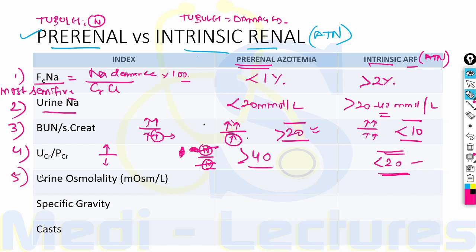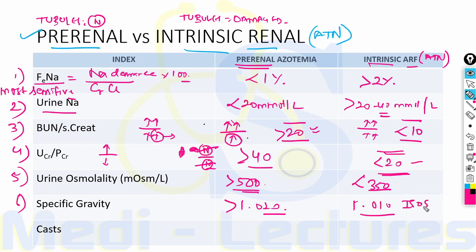When we consider the urine osmolality in milliosmol per liter, since the tubules are functional and are able to concentrate the urine, it will be more than 500 milliosmol per liter in cases of pre-renal and less than 350 in cases of ATN. The specific gravity similarly will be more in pre-renal due to functional tubules, and it will be isosthenuria fixed at 1.010.